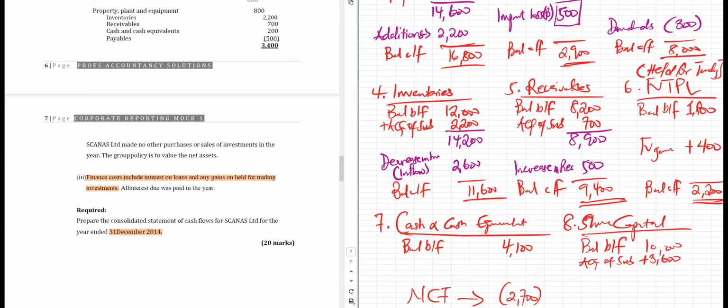So is it cash outflow or cash inflow? Outflow, because if receivables increase, it means it's taking time for you to get your money back, right? Your money is with people for a long time. Makes sense? Sure. So in that case, this is what? Why is this behaving like this?